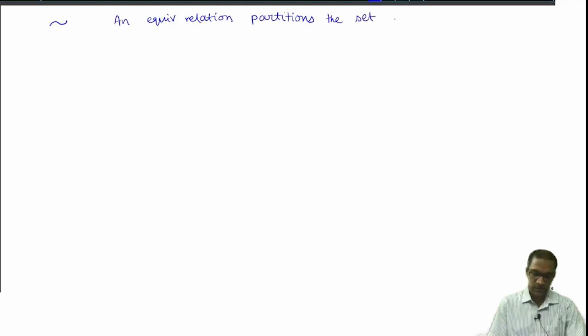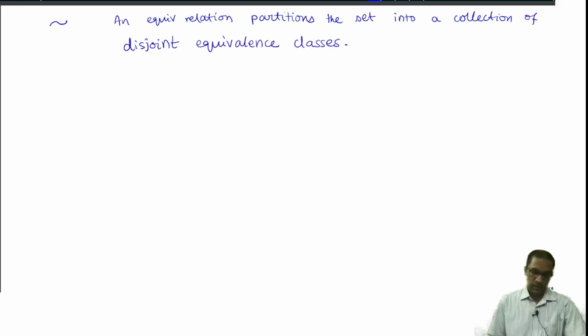Recall that an equivalence relation always divides, or partitions is the right word, the underlying set into a collection of disjoint equivalence classes. So it partitions the set.